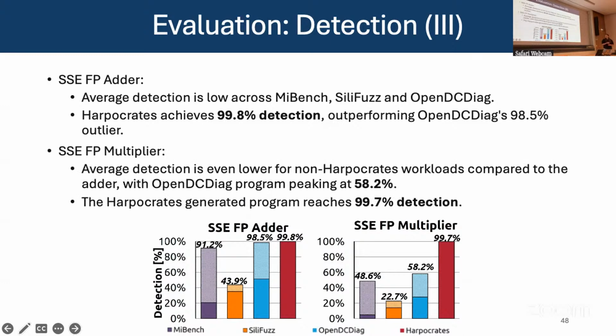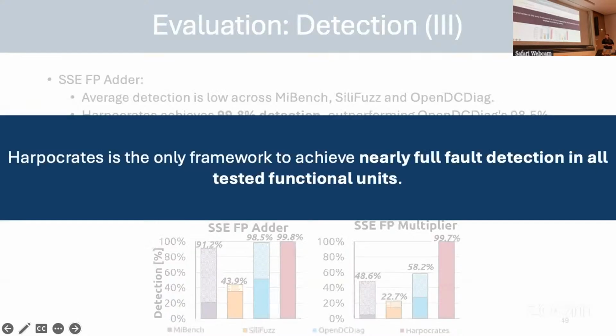And here for the multiplier, the average detection is even lower. The highest detection is for the OpenDCDIAG program at 58.2%. And finally, the Harpocrates program reaches 99.7%. We can conclude that Harpocrates is the only framework that reaches nearly full fault detection in all tested functional units.